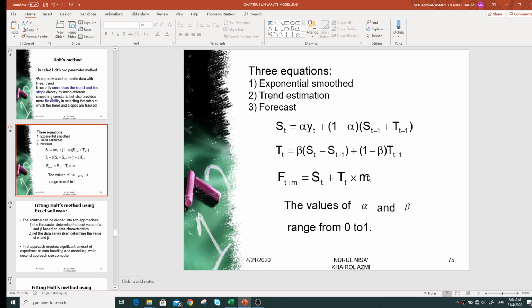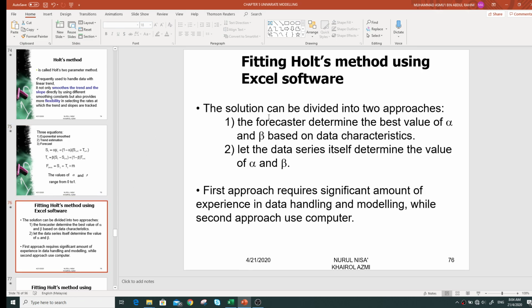Let's take a look at how to fit Holt's method using Excel. The most important part when you want to model exponential smoothing is to determine the best value for your smoothing parameter. Instead of one, now you need two parameters, so you have to determine the best values of alpha and beta.